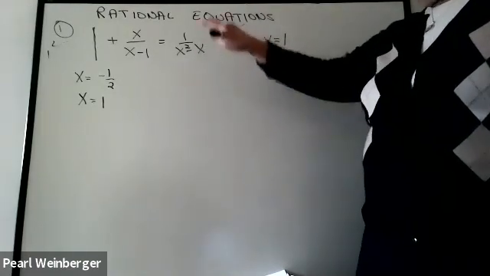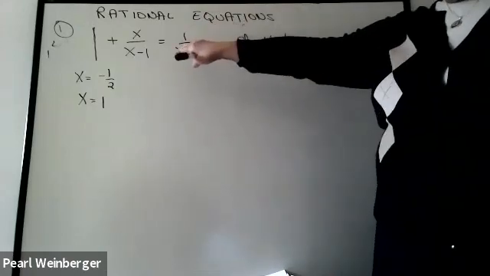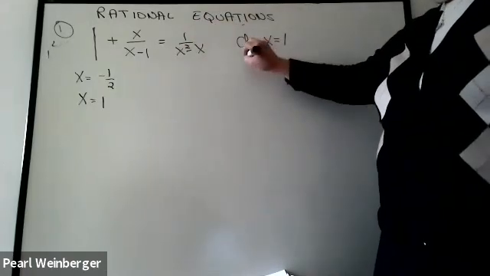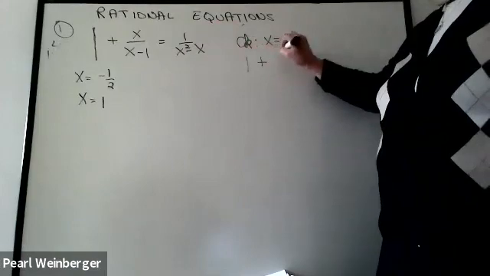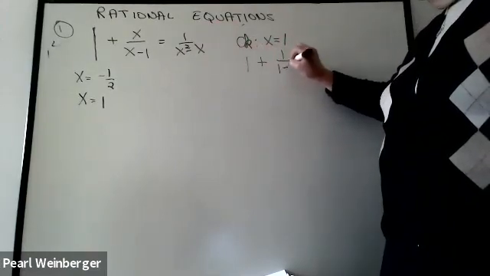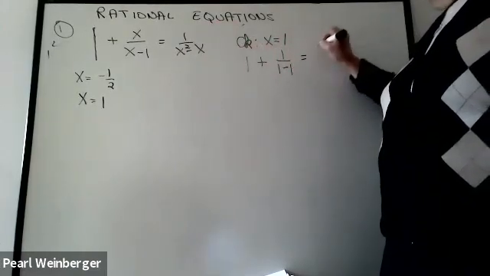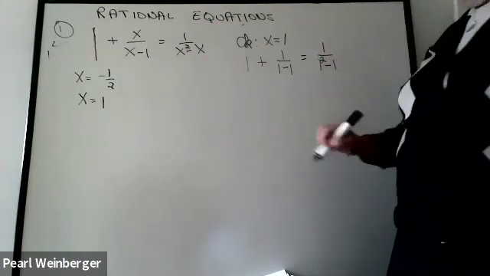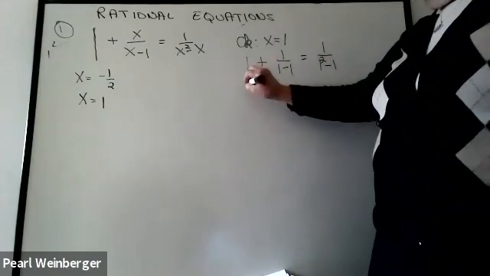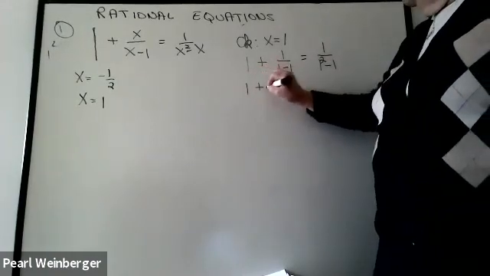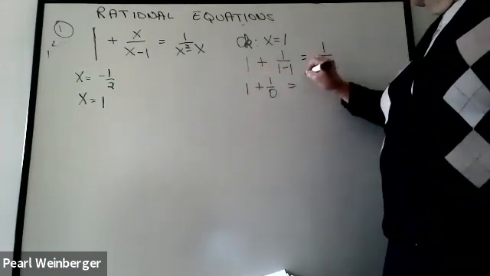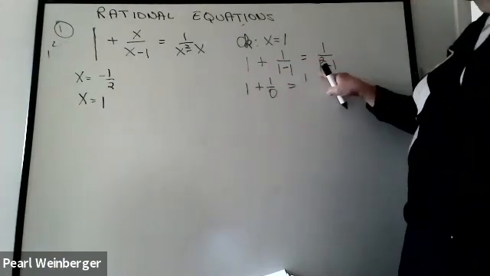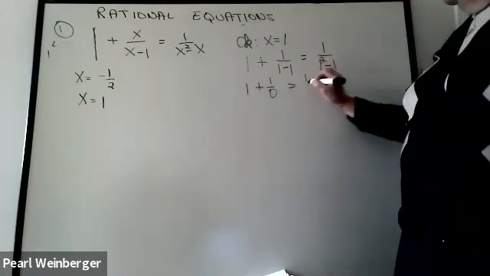That means I'm going to replace the x in my original equation with 1. So I'll get 1 plus 1 over 1 minus 1 equals 1 over 1 squared minus 1. And if I simplify this, I get 1 plus 1 over 0 equals 1. Well, 1 squared is also 1, and 1 minus 1 is 0.